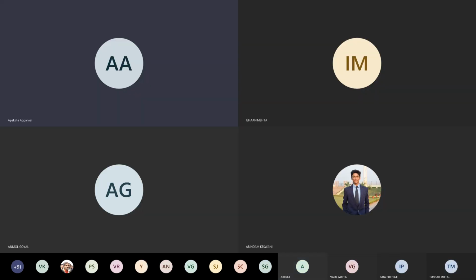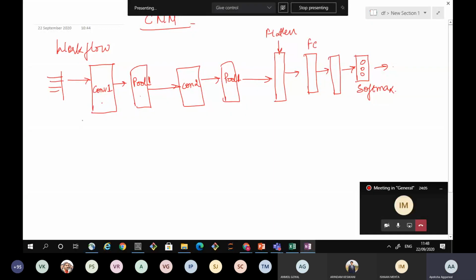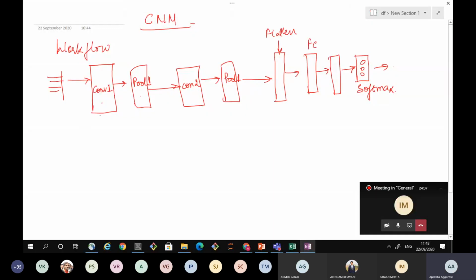Okay. In some scenarios you can see that there is convolution layer 1, convolution layer 2, and then you have a pooling layer, so you can have multiple convolution layers as well. This changes with respect to the application.